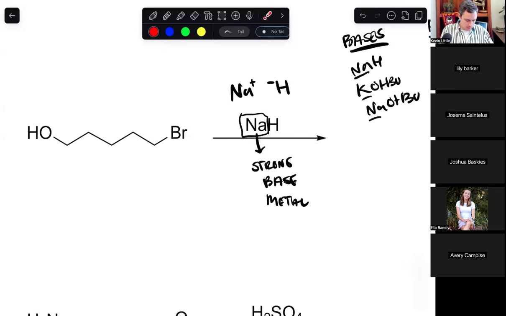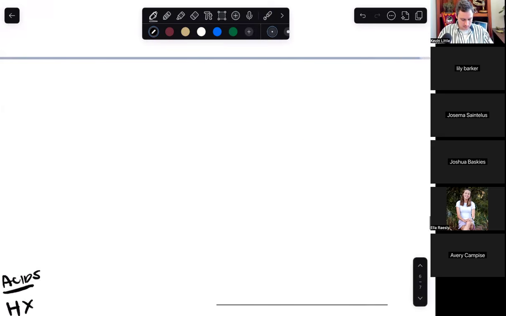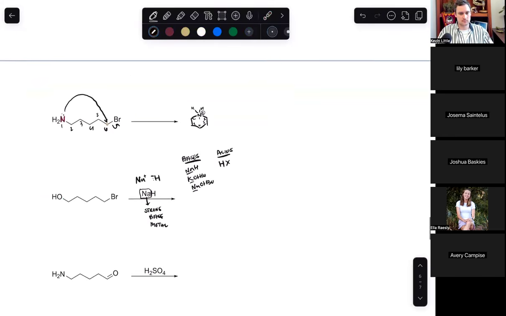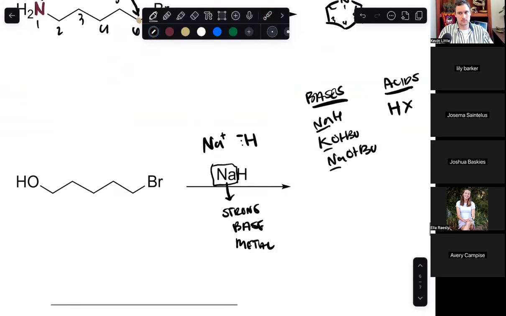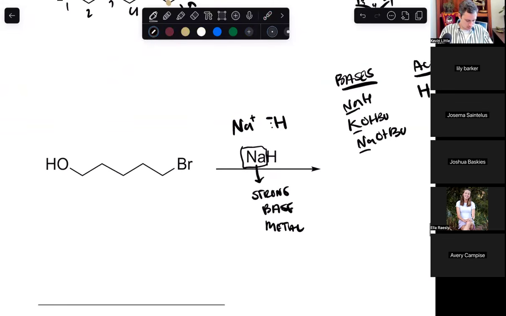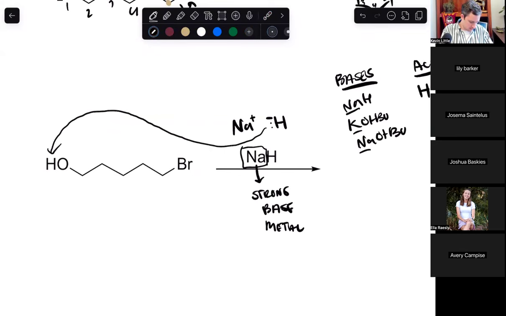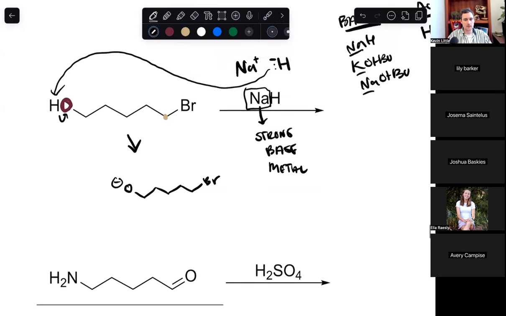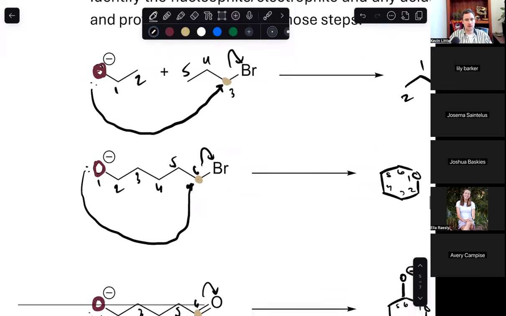So this hydrogen has a lone pair. It's negatively charged. So step one, now that I've got a base present, is base deprotonates nucleophile. The nucleophile is my OH, so I'm going to take the proton from it. And look, what's happened is now I've just gone back here.